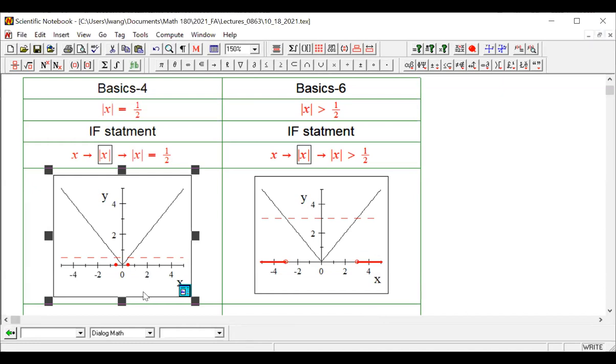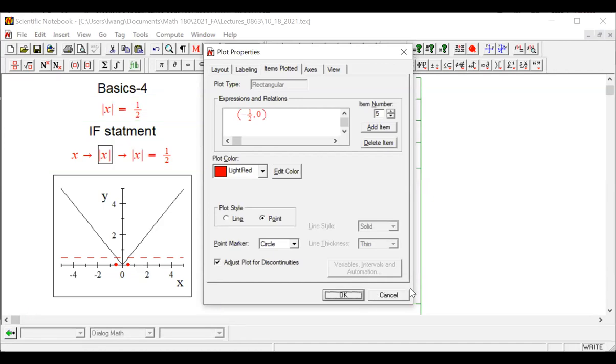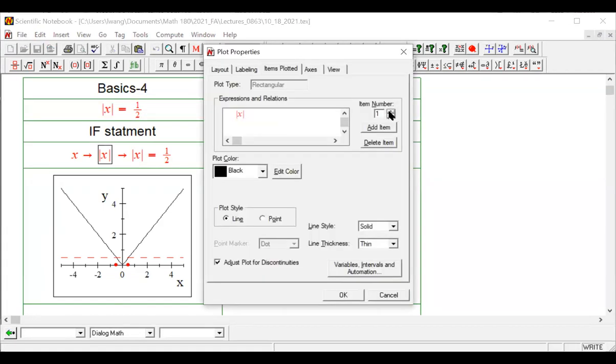That's equal to half. Larger than half. I'm showing these changes right in front of you because I want to show you that similarity. Do you guys see that similarity? Yes. Oh, this one needs to be changed.